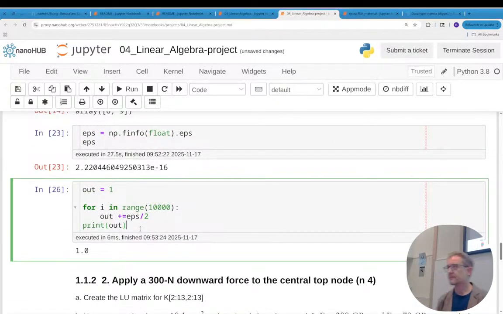Yeah. Instead I get just a 1. So I'm adding it, but I can't keep track of that addition because the number is too small. So that's why this machine epsilon is sort of our accuracy when we talk about how we store numbers in our computer.